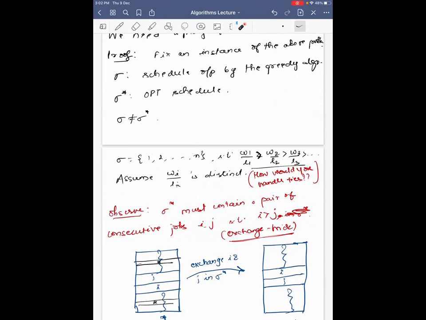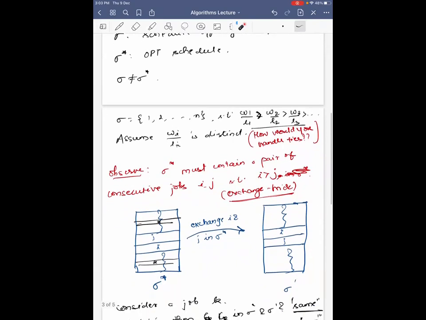W2 is 4 and L2 is 3. And W3 is 40 and L3 is 31. So we are looking at 4 by 3 and 40 by 31. Here 4 by 3 is greater than 40 by 31. But then if we were to add 9 to the denominator of both the fractions, then we will have 4 by 12 and 1 exactly. So the relative order actually changes.